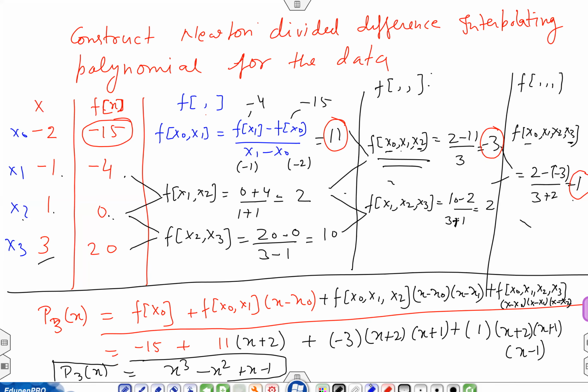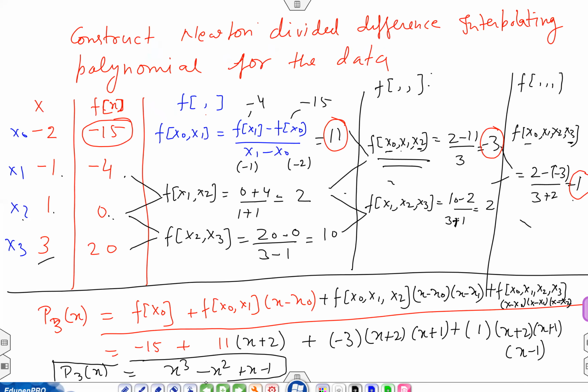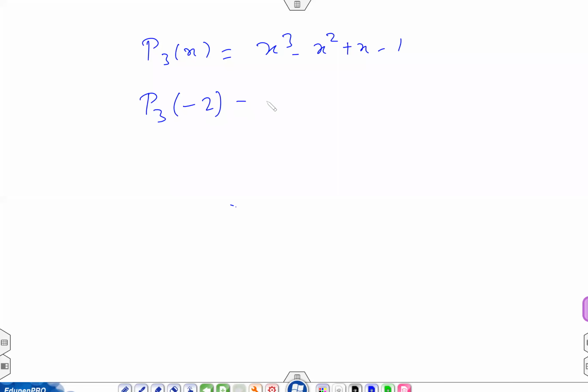Okay, suppose you want to check the value here. P3(x) we obtained is x cube minus x square plus x minus 1. Now you want to check whether it is correct or not. You can just put the data points. Suppose I am putting -2 here. P3(-2) is (-2) cube minus (-2) square plus (-2) minus 1.